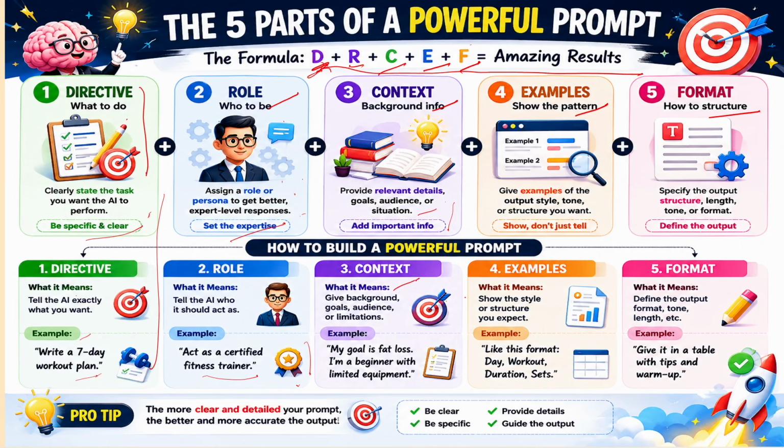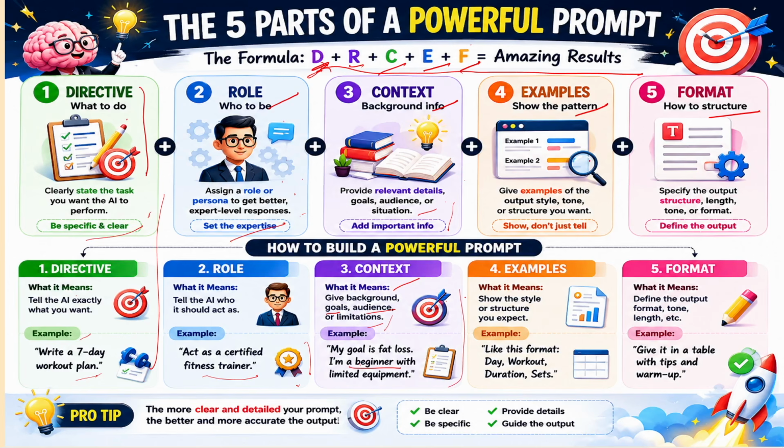The context here would be to give the background, goal, audience, and also the limitations, what the prompt should not do. For example, the goal is fat loss. I am a beginner with limited equipment. This is the limitation, this is the background. With this information, we can give a context plus the role plus the directive, so that we would get an effective result.